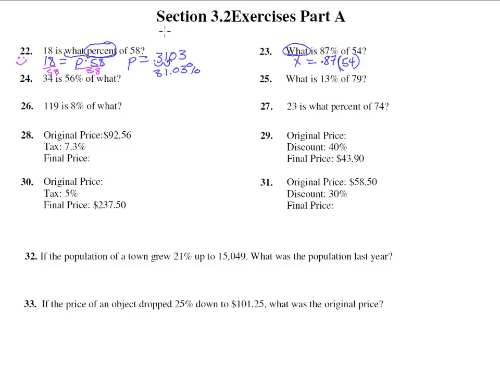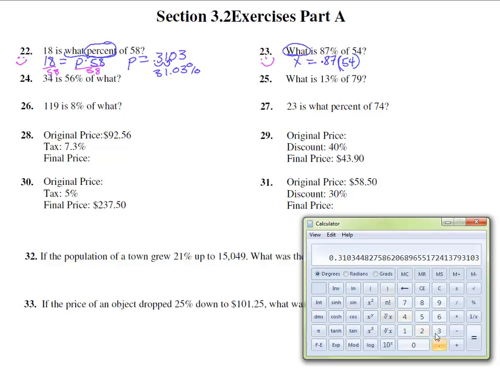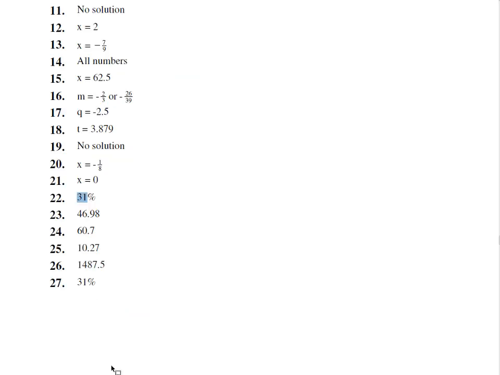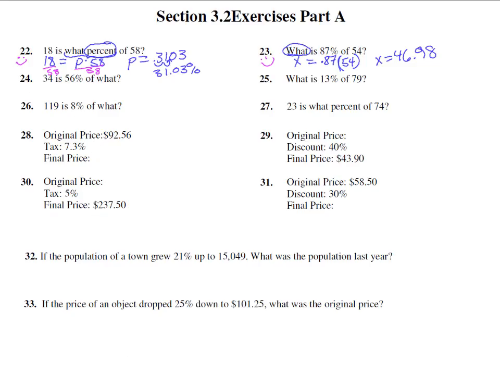What do we need to do to solve this? Oh, we're already so happy right now because x is already by itself. So we don't have to do any solving. We just have to multiply 0.87 times 54. Excellent. 46.98. X equals 46.98. Let's check our answer. 46.98 is correct.